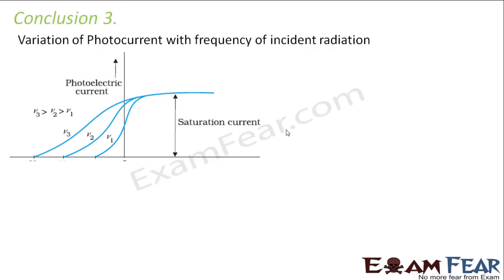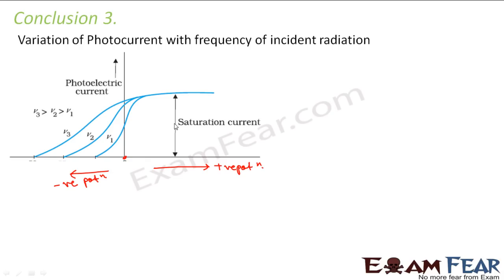Like how we performed it for intensity, similar experiments were performed by taking different values of frequency. First we took incident light of frequency nu1, then nu2, then nu3, and similarly we first increased the positive potential and measured the values of photoelectric current, then we increased the negative potential and measured the values of photoelectric current at each point, and then we plotted the graph.